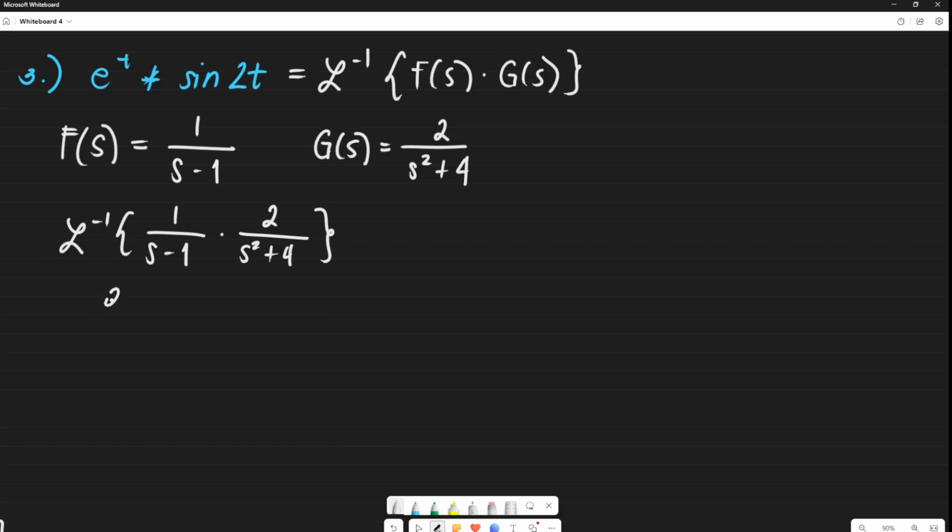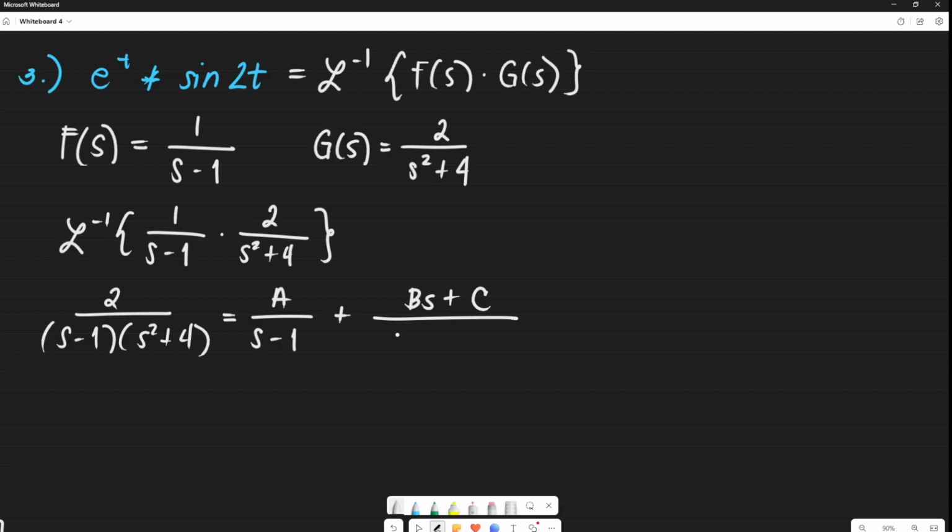So we have 2 over s minus 1 times s squared plus 4. Okay, so this is equivalent to A over s minus 1 plus Bs plus C over s squared plus 4, because the denominator is a quadratic equation.